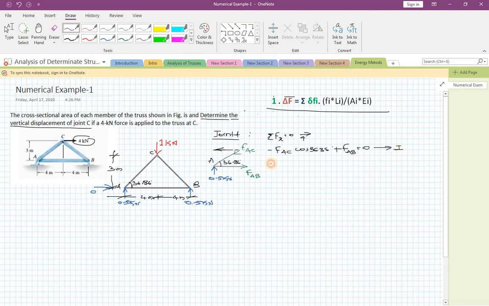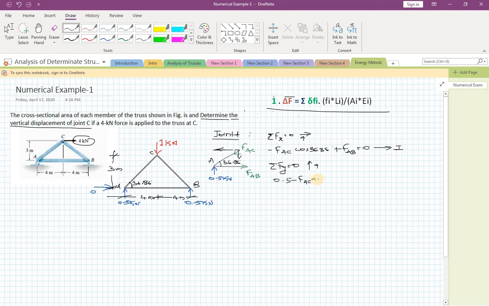Now let me apply another equilibrium equation, summation of Fy equal to 0, and my sign convention is all the upward forces as positive. Now 0.5 kilonewton is upwards, so I should write plus 0.5, and FAC, since it is inclined, will also have a vertical force which will be downwards, so I should write minus. Why minus? Because it is opposite to my sign convention.